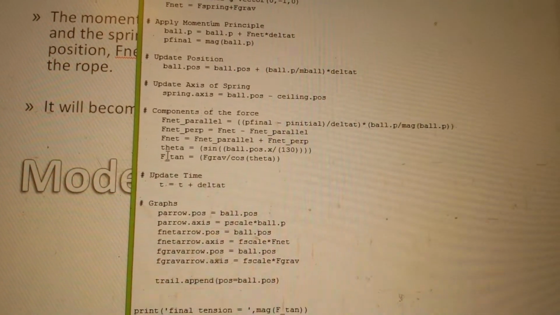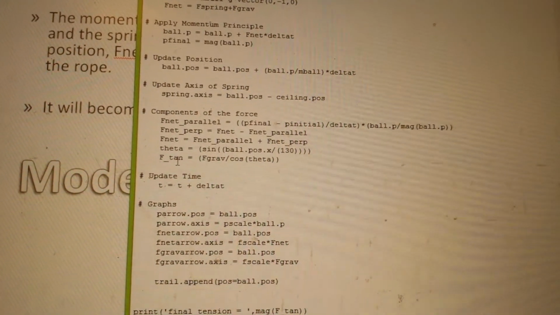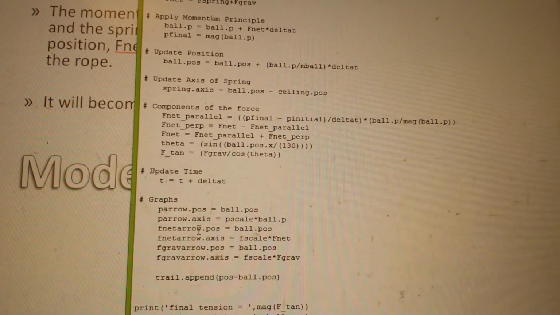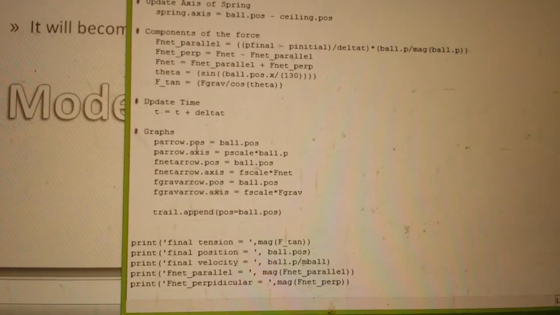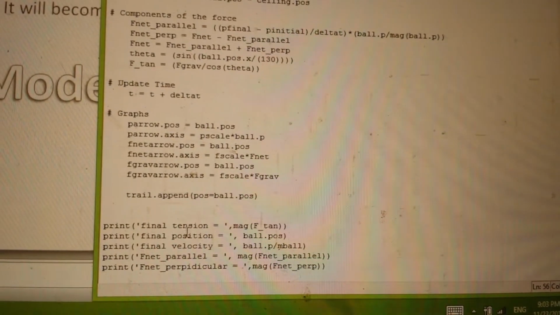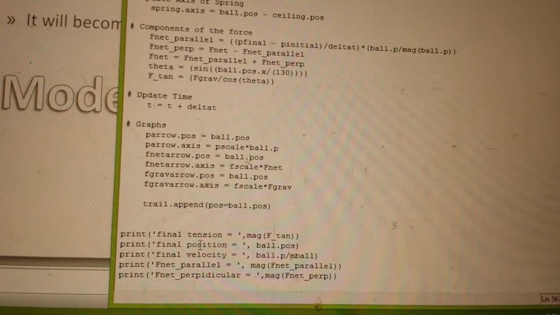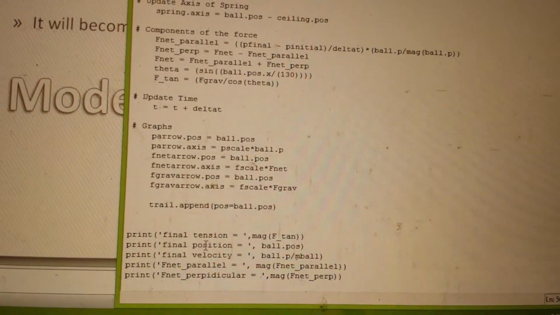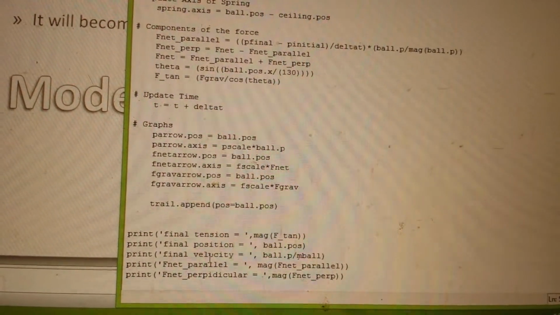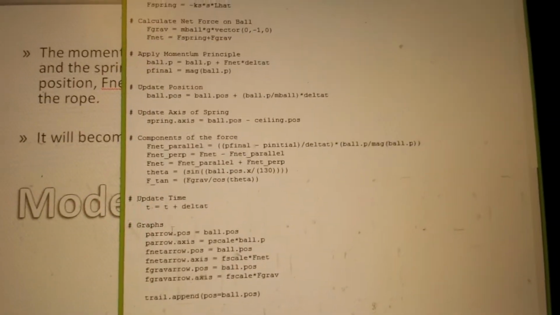And I need to calculate the force of the tension, which I need theta for. Come down, and the graphs is basically all the corresponding arrows that you will later see, and I made my code print out the final results of each corresponding component like tension, position, velocity, parallel, and perpendicular.